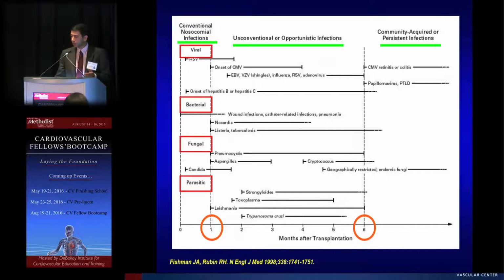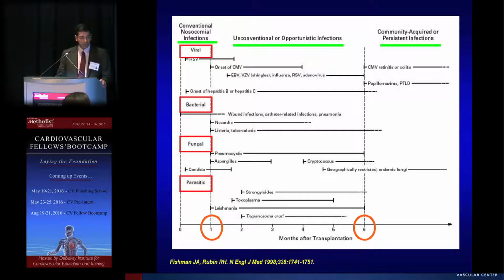Again, this is a quick overview of what kinds of infections are common in what time span. As you get farther and farther from a transplant, more community-acquired infections occur. In the first year of transplant, because the immunosuppression is much more robust in trying to prevent rejection, you are going to see an increased risk in the first few months.